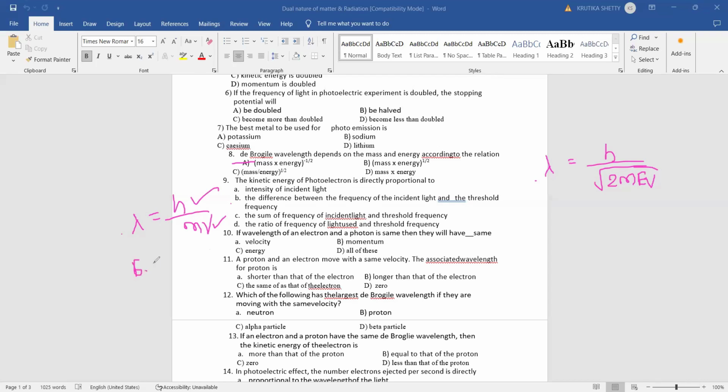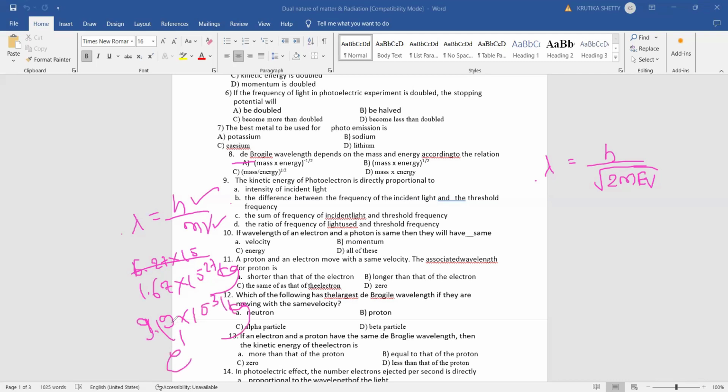Proton mass is how much? No, it is 1.67 into 10 raised to minus 27 kg. And for the electron, it is 9.1 into 10 raised to minus 31 kg.